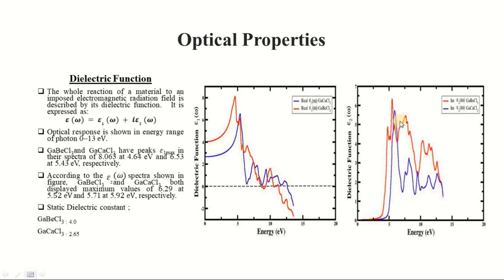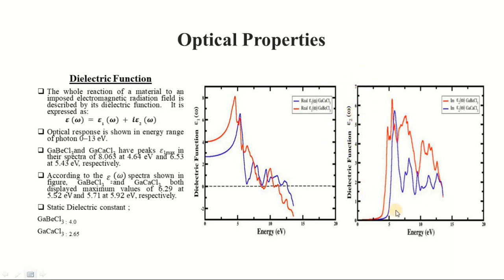These epsilon 2 omega peaks are also called threshold energy or basic absorption edges, because the direct optical transitions between the highest valence band and the lowest conduction band occur here.